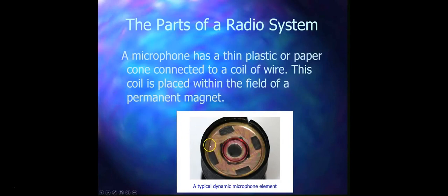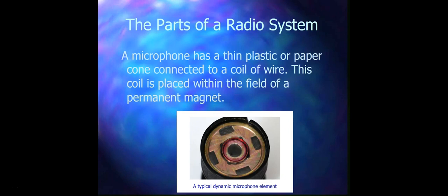Here you see an example of a microphone which has a thin plastic or paper cone connected to a coil of wire, and this coil is placed within the field of a permanent magnet. So this is the coil I'm talking about. When sound strikes the cone, it vibrates, moving the coil back and forth within the magnetic field.